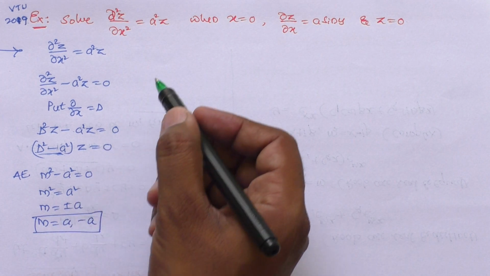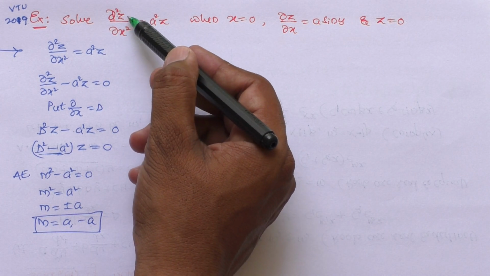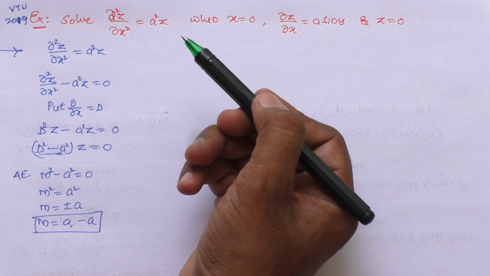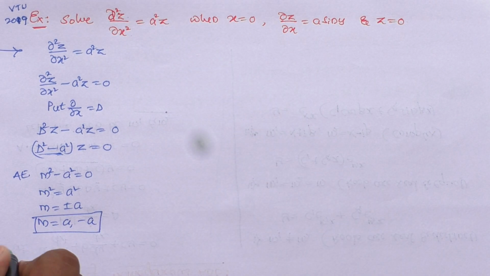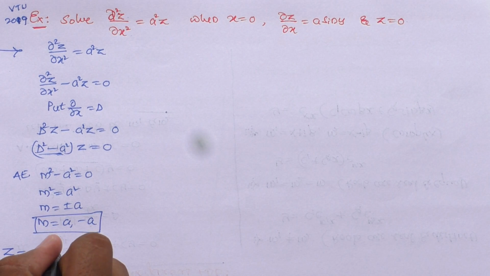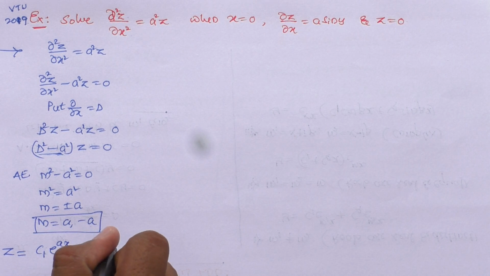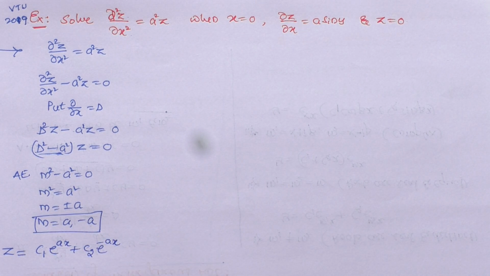Here, look at the derivative dou z by dou x. It means z you need to write in terms of x. So the solution is z equal to c1 e raised to ax plus c2 e raised to minus ax. Like this you need to write. But here c1 and c2 are constants.